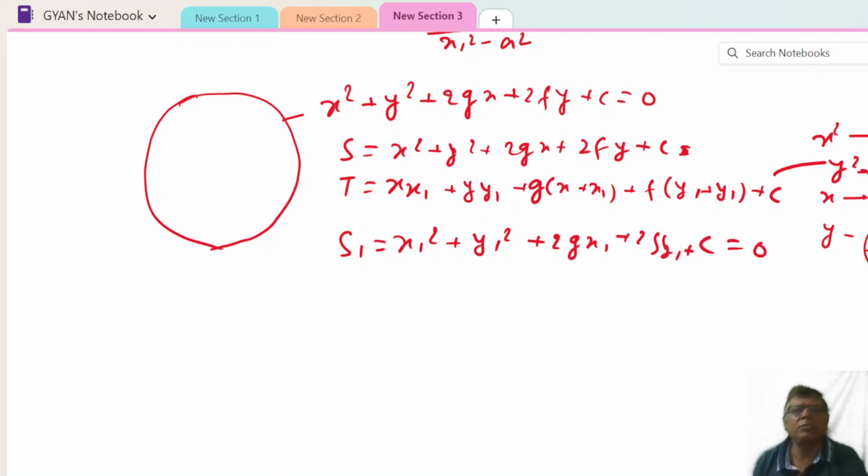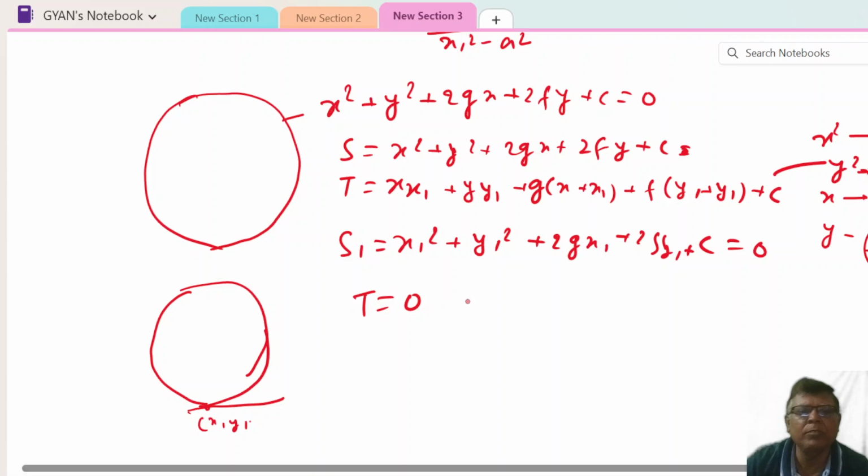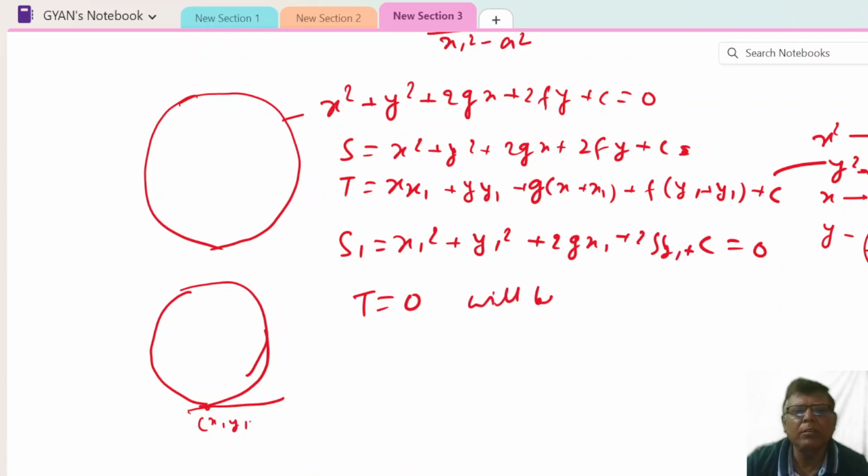So x1 y1 can either be a point on the circle or outside. If the point is on the circle, then T is equal to 0 will be the equation of the tangent.